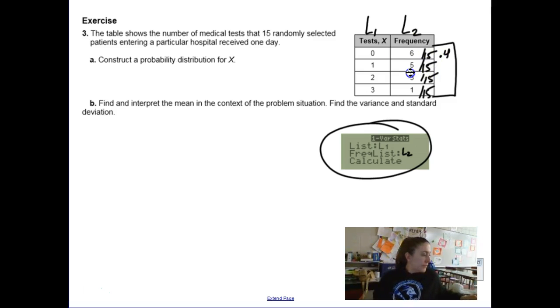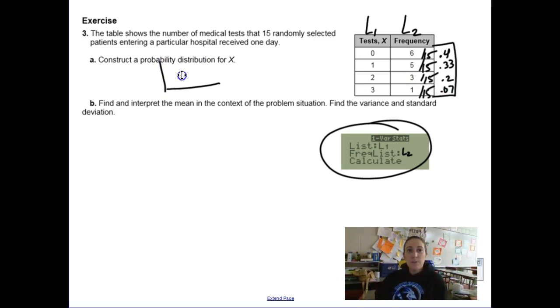Then 0.33. That should be 0.2. I should be able to do that in my head, huh? 1 divided by 15 is 0.07-ish. It doesn't matter, because when I go to graph this, it's going to be awful, right?